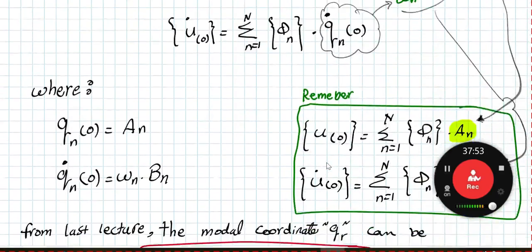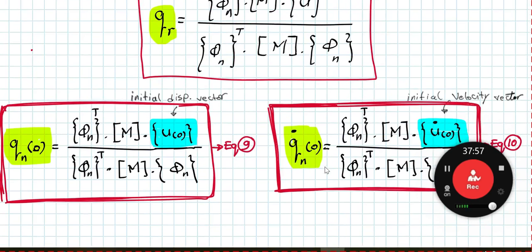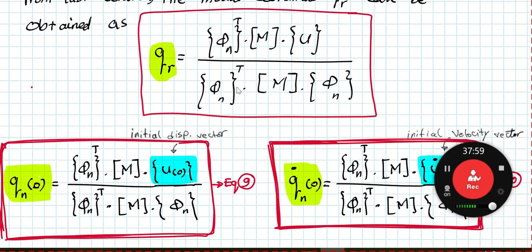And when we solve our equation, we are going to obtain qn from what we explained in the previous lecture. Our u here is going to be something known for us, whether it is the initial displacement vector or the initial velocity vector.